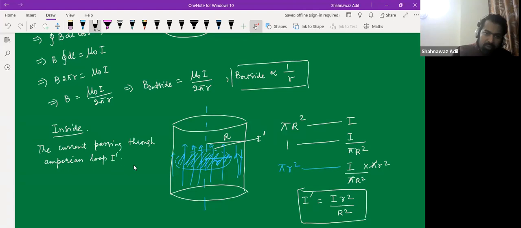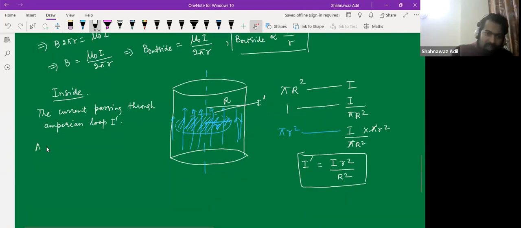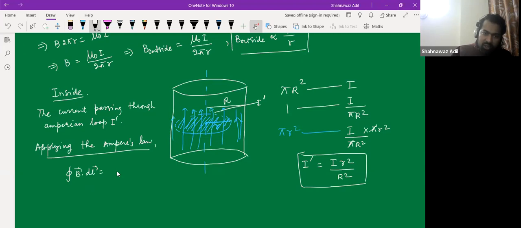So now let us again apply Ampere's law. That would be B dot dl equals mu naught I in.